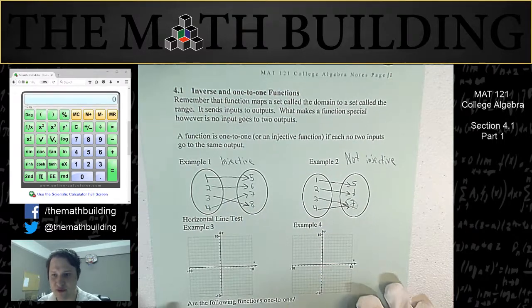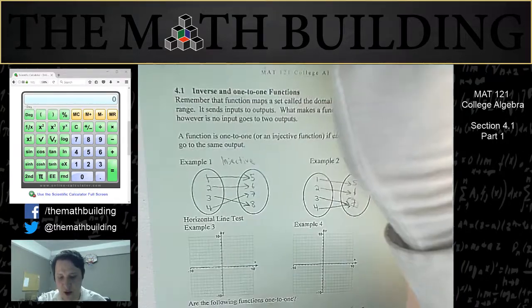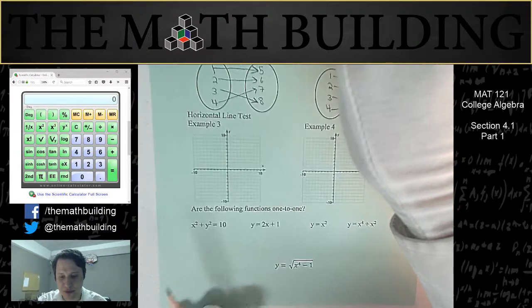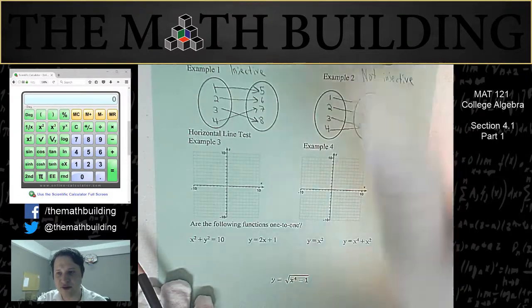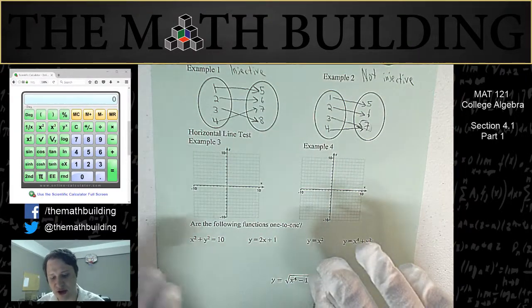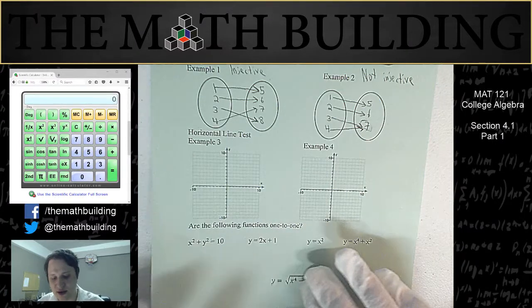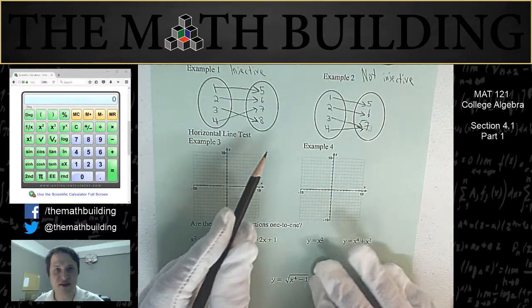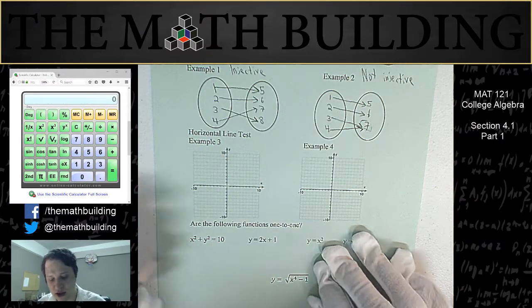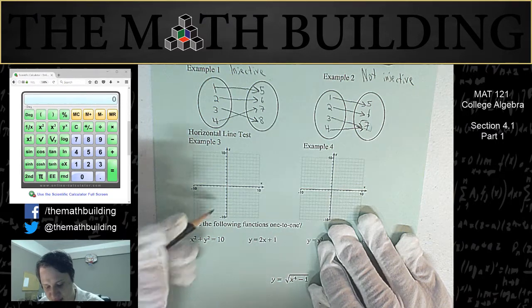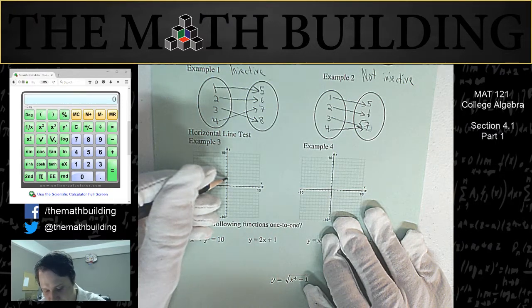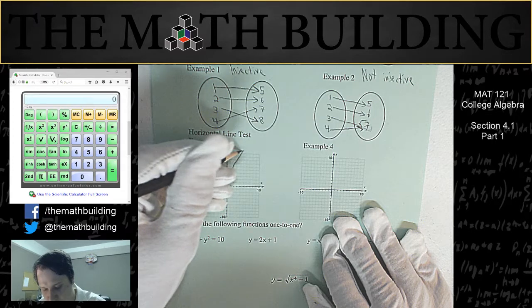Let's look at an example of what it looks like on a graph. On a graph, you'll notice that to determine if something was a function, we used the vertical line test. Now we can use the horizontal line test to see if something is one-to-one. So let's look at an example of a function that is one-to-one, and that would be just a regular old line.